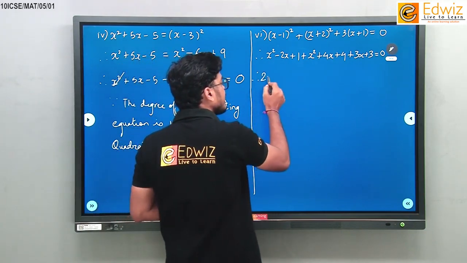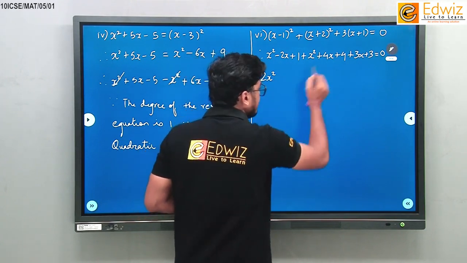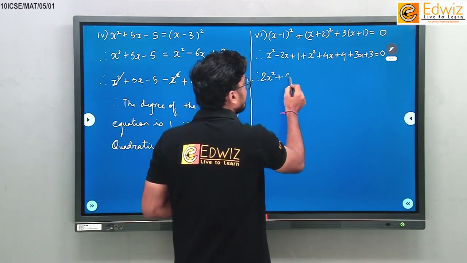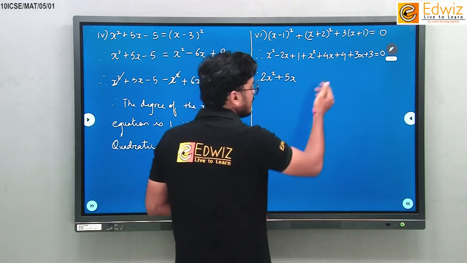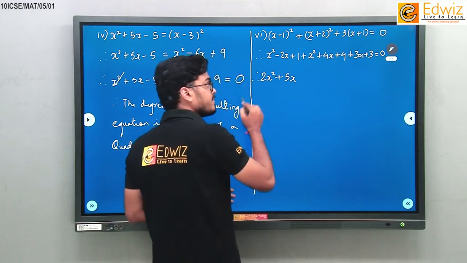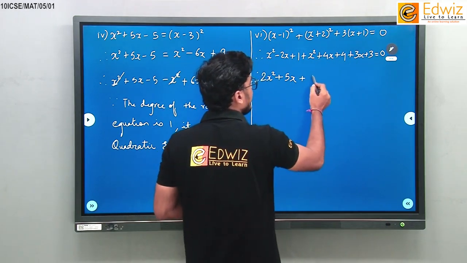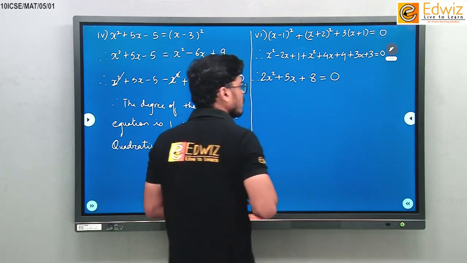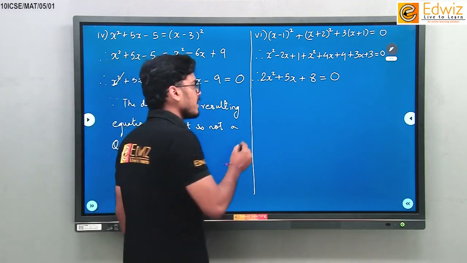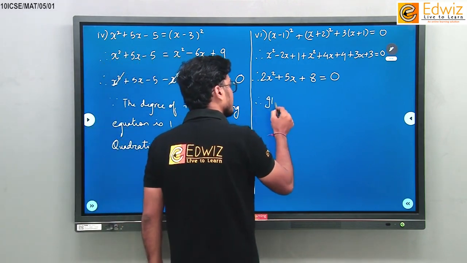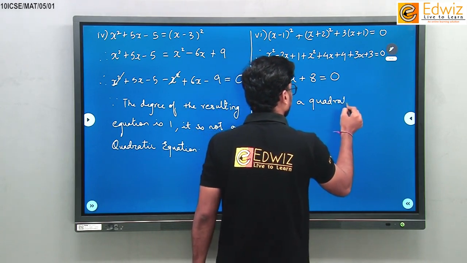So we have 2x² minus 2x plus 4x and plus 3x will become plus 5x. Then 1 plus 4 plus 3, we have 8 here equal to 0. And now clearly we are getting a quadratic equation. So we will say that it is a quadratic equation. Therefore, it is a quadratic equation.